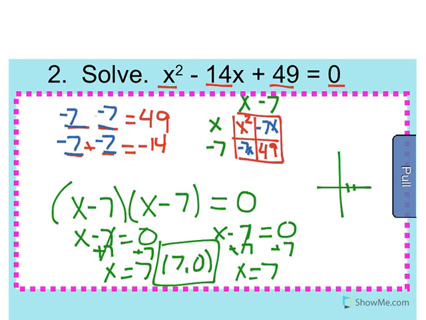So for example, if we look where x is 7, that means the parabola sits on the x-axis right at 7. So just to clarify, because we got the exact same binomial, we got the exact same answer, that means there's only one solution, one root. The root or solution is the x-intercept right on the x-line at 7.